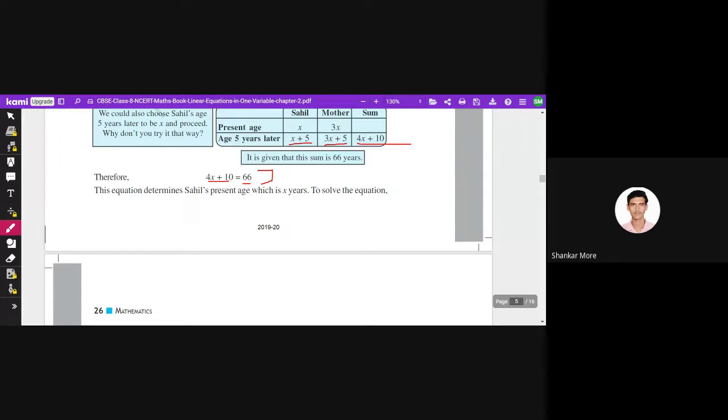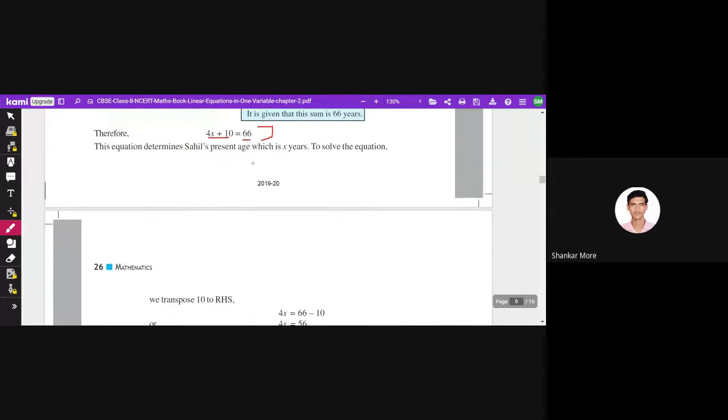Is it 14? 9? Okay. Students, it is going to be 14, I guess, not 9, right? I would recommend you to calculate it again, those who are getting incorrect answers.